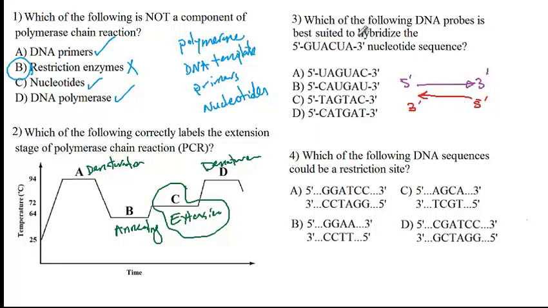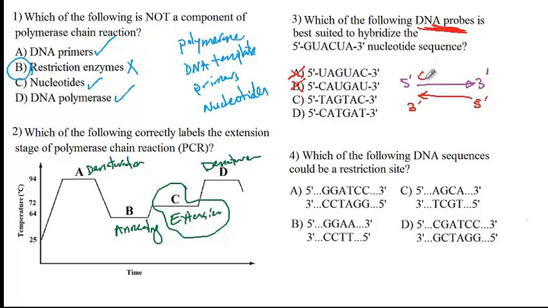But here, pay attention that we are asking which of the following DNA probes. So any of these sequences that has uracil, these are not DNA probes, these are RNA probes, because remember, with DNA we have thymidine, while with RNA we have uracil. So choice A and choice B are already out because they are RNA probes. Now, of the other 2 choices, let's see.